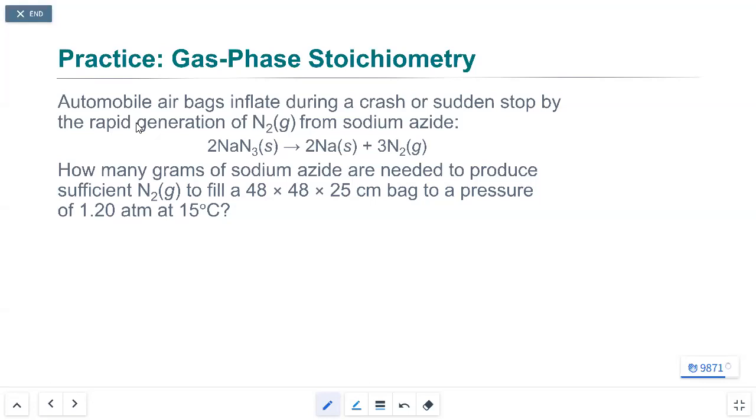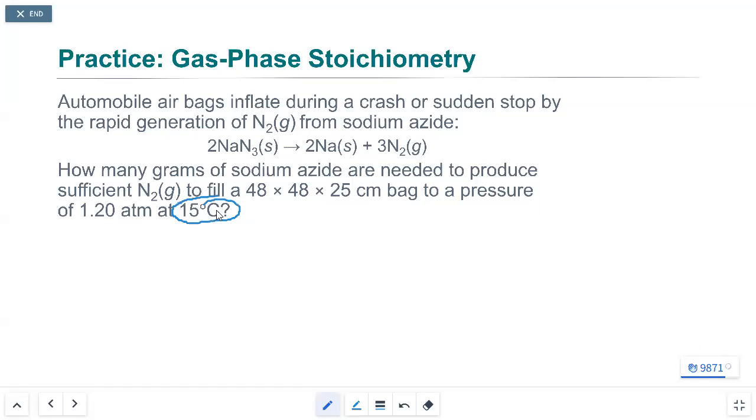We just got to figure out how much nitrogen we're talking about. And we've been given some information. We've been given a pressure. We've been given a volume. We just have to calculate it. And we've been given a temperature. So we've got everything we need to use the ideal gas law.